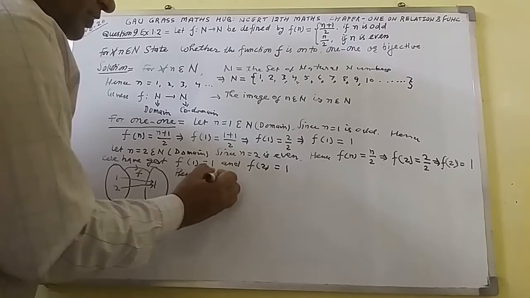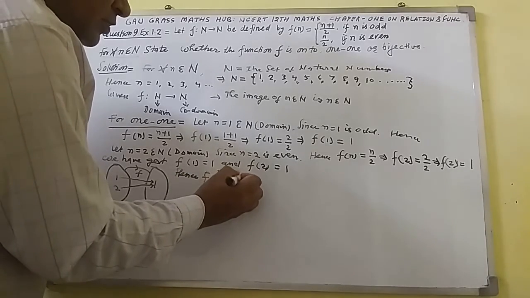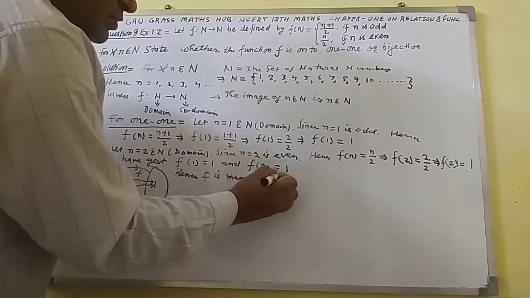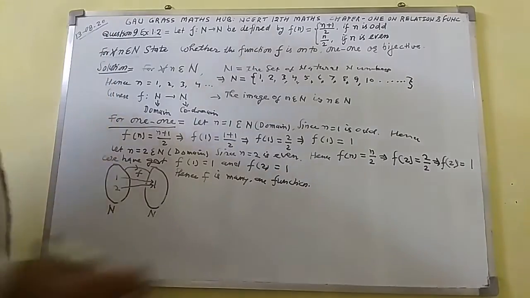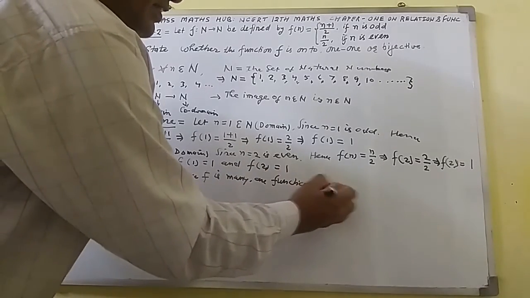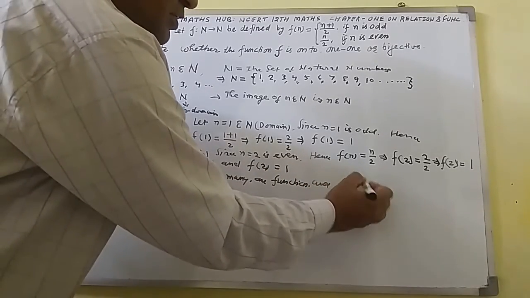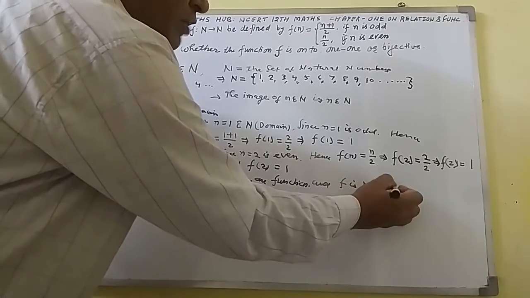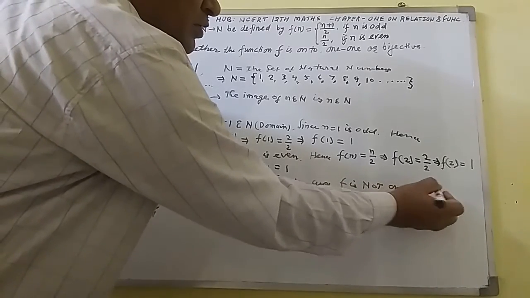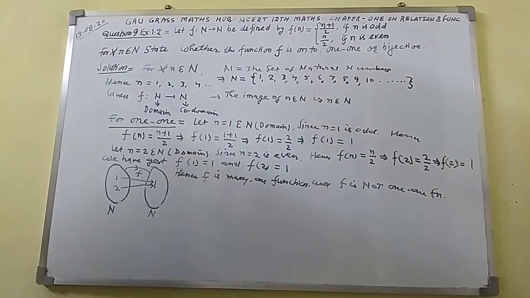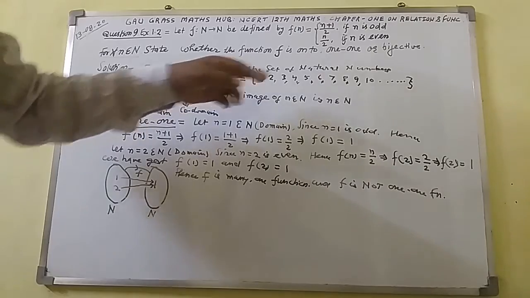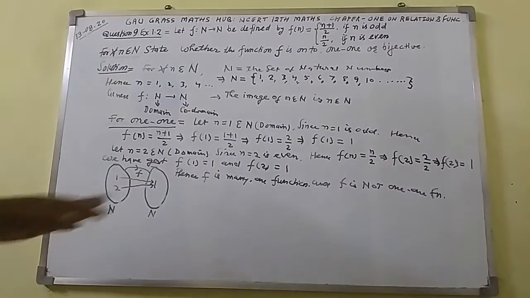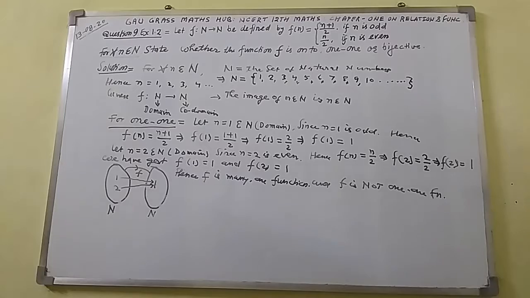Hence f is many one function and f is not one one function. This I have proved, that f is not one one function. Here f is many one function. So this is the one case I have proved here.